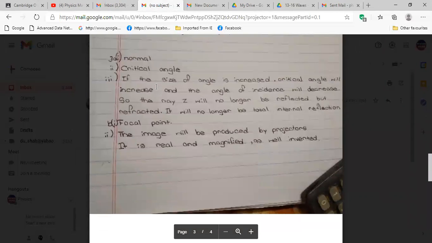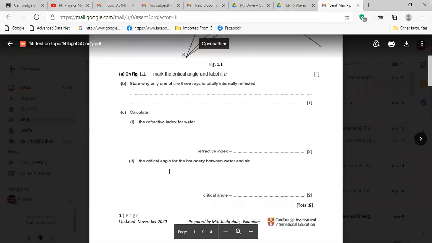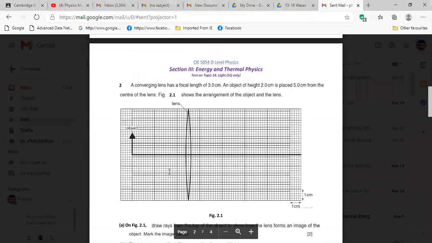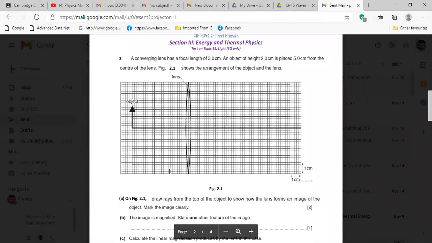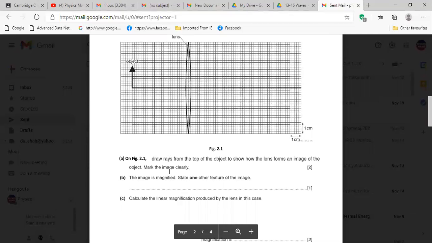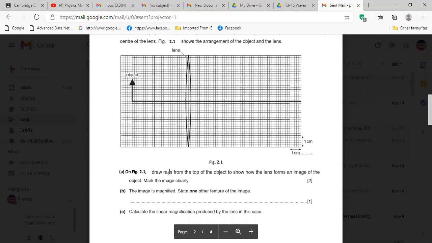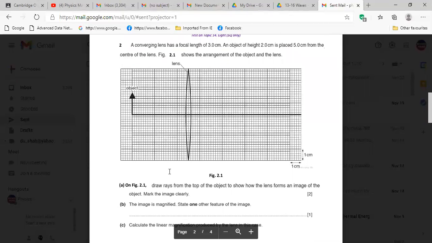Then let us see the last part of the test paper. Question number 2, converging lens. Draw rays from the top of the object to show how the lens forms an image of the object.